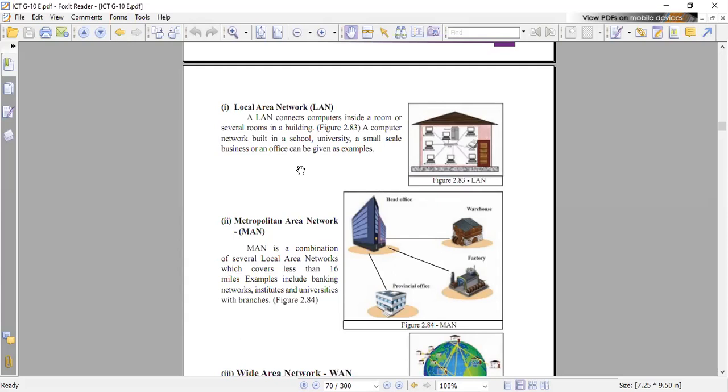Here we are not discussing them in your syllabus, so we'll take them as a LAN.